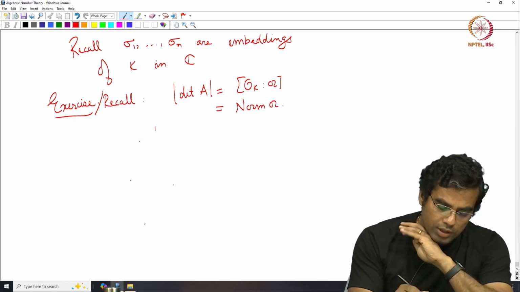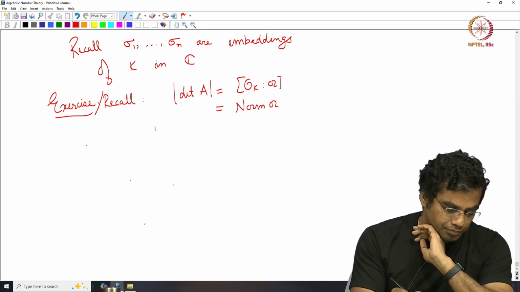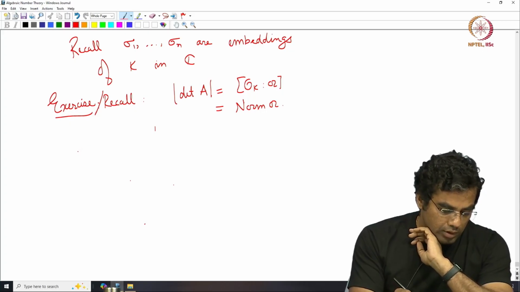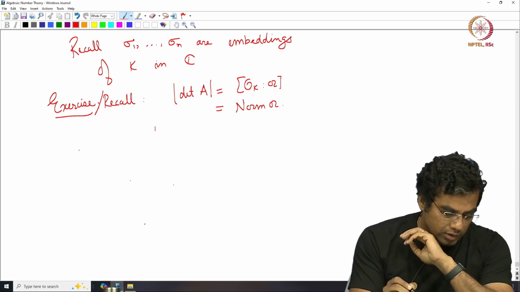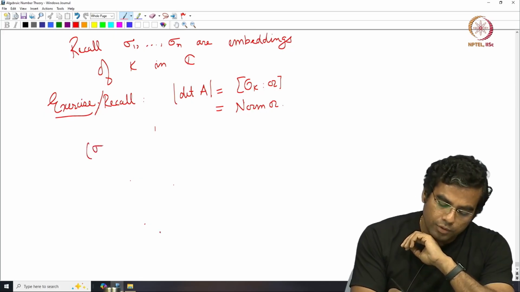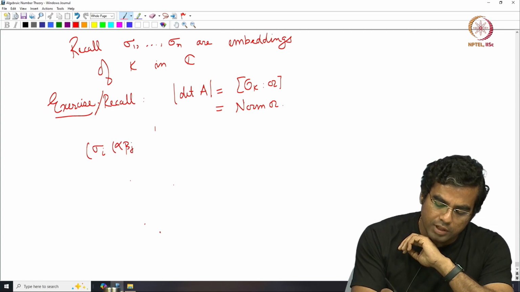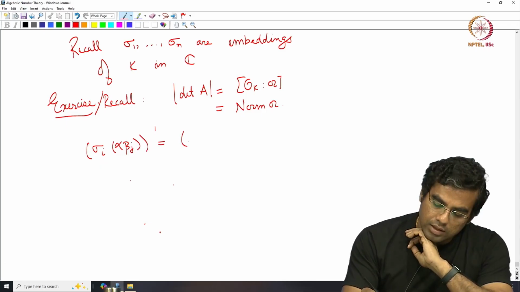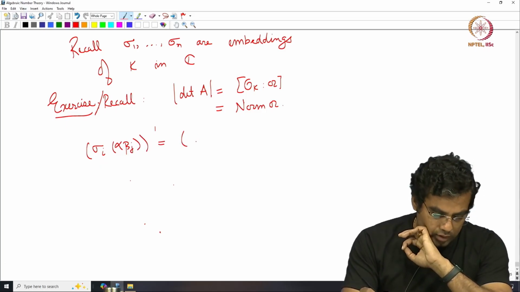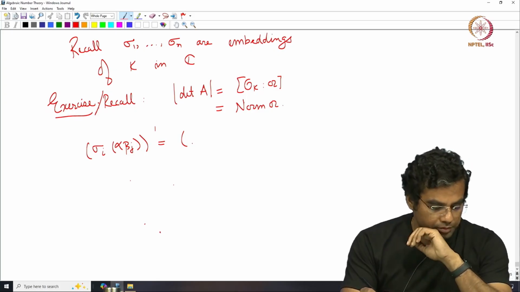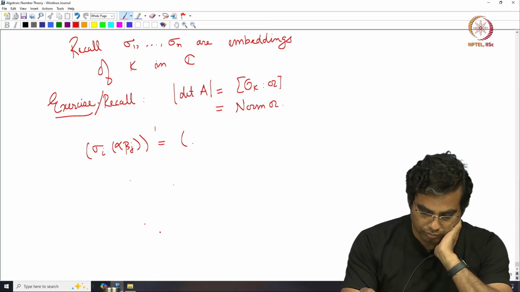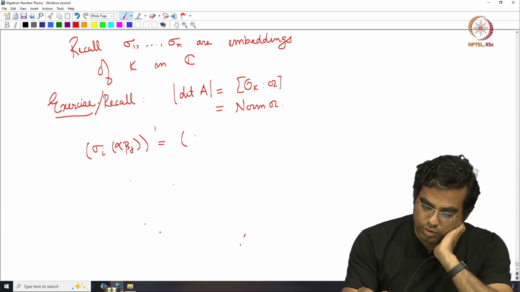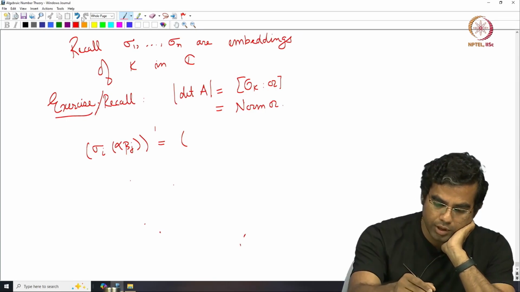Now, the next thing we notice is the following. If you take sigma I of alpha times beta j, then you can write it as a diagonal matrix.